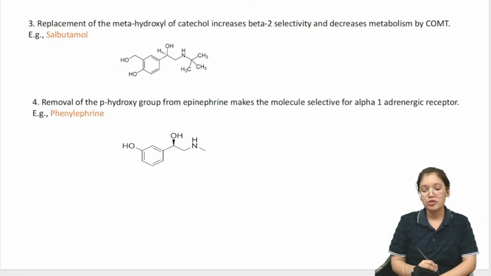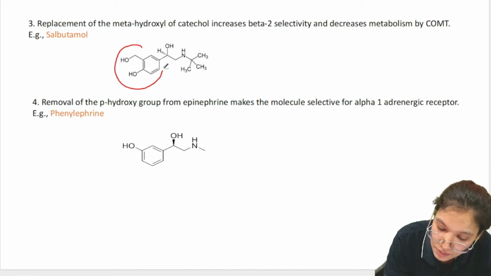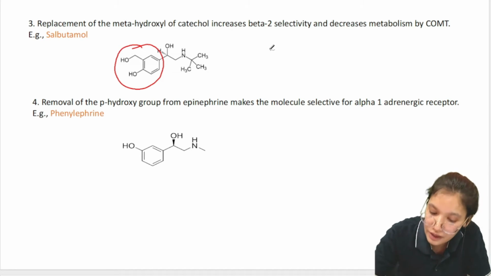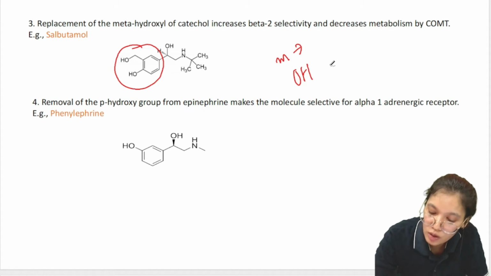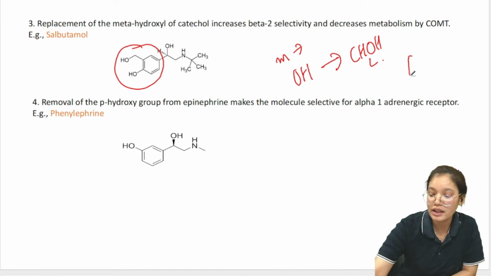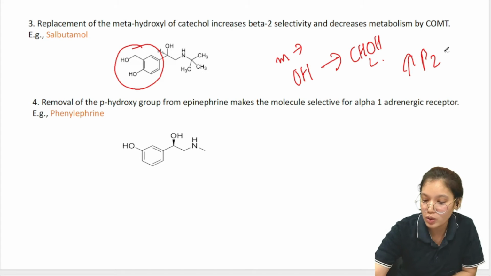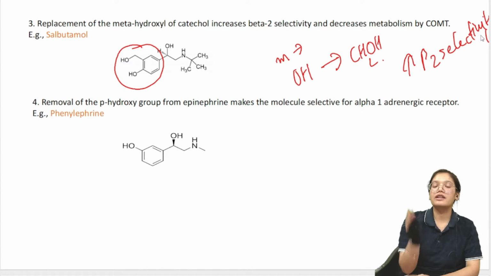Now moving forward, if in the catechol ring at the meta position the hydroxy group is changed to a methanol group, it results in an increase in beta 2 selectivity, and again a decrease in the metabolism by COMT.